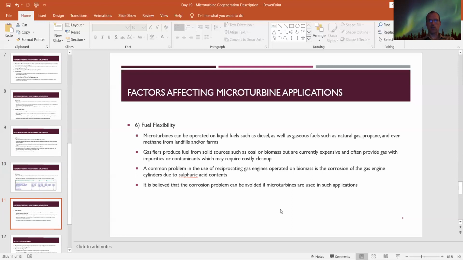It also often provides gas with impurities and contaminants, which might require costly cleanup. Those are things you don't necessarily want to use in other engines like reciprocating engines, because the contaminants could really mess up the system. You end up with corrosion of the gas engine cylinders due to the sulfuric acid content. That is believed not to be a problem for microturbines, although that's still in the research stage.